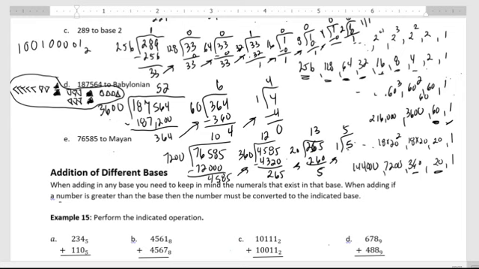Remainder of 5. Okay, so we get a 10, 12, 13, and 5.